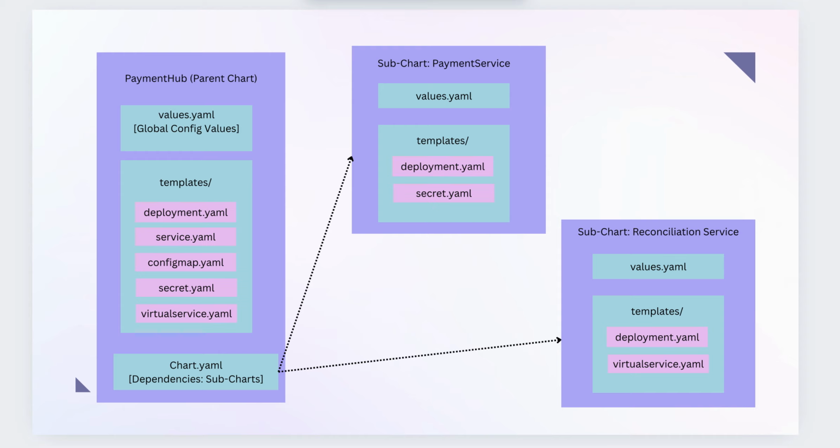It also includes virtualservice.yaml, which defines Istio routing rules for microservices, leveraging mutual TLS for secure communication.